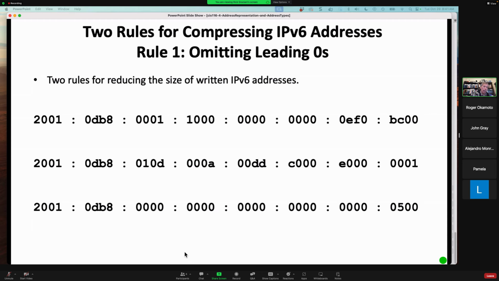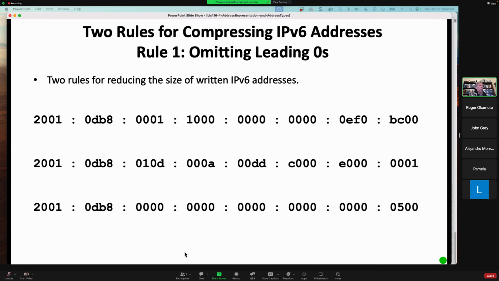But Thursday, we're going to talk about the global unicast address, and this will make even more sense. So for now, just be okay with the rules, and then you'll say, oh yeah, it's not that hard to figure out the network portion and the host portion of an IPv6 address. It really isn't. It's really, really simple. Okay, let's get to the rules.